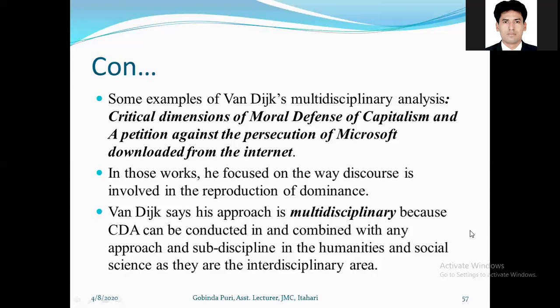I talked about that in the face-to-face class, in relation to other areas, other disciplines like humanities or social science, or maybe media, or maybe other sectors, maybe the legal area or judiciary, so many other areas or disciplines, or let's say sectors. We can link a particular discourse and analyze it.